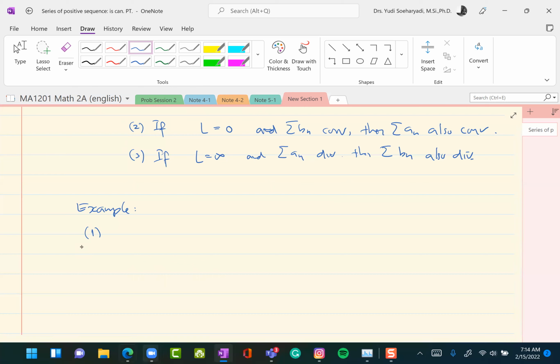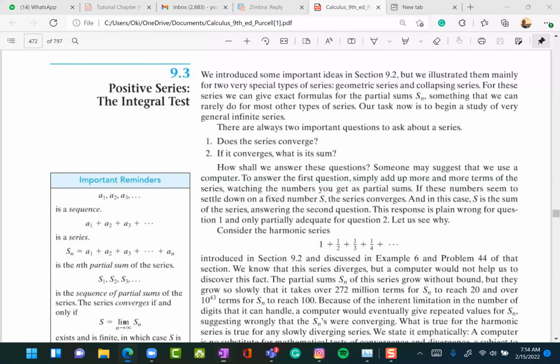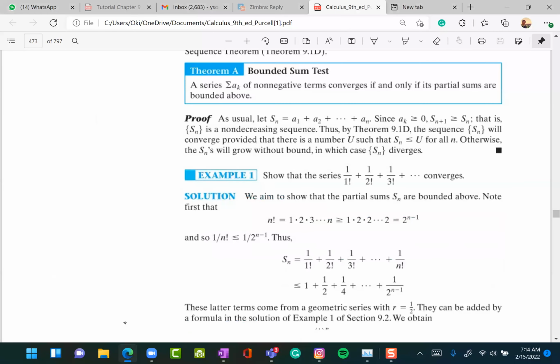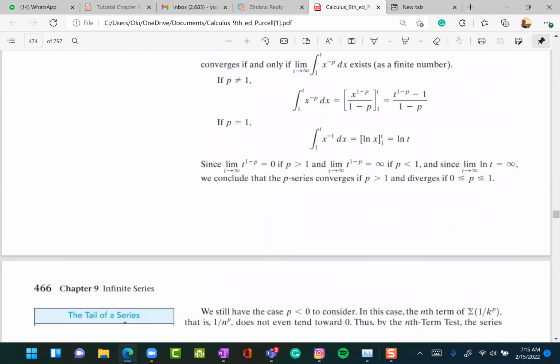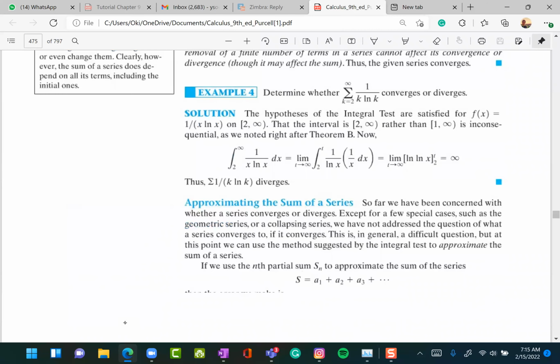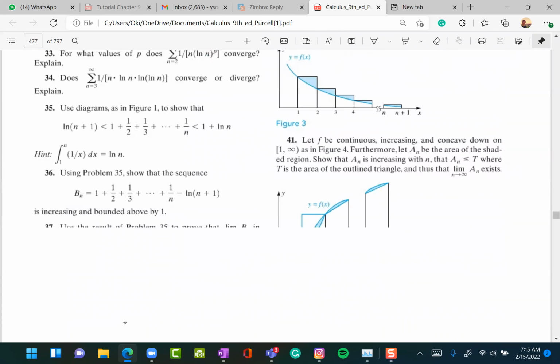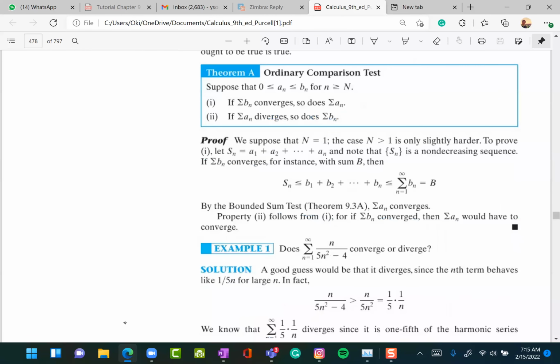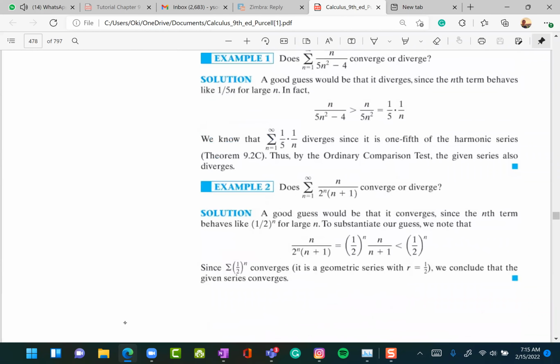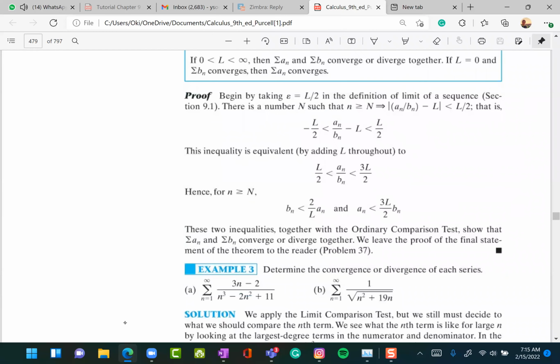Okay, so pick up some problem from the book. There are the ordinary comparison test and the limit comparison test.